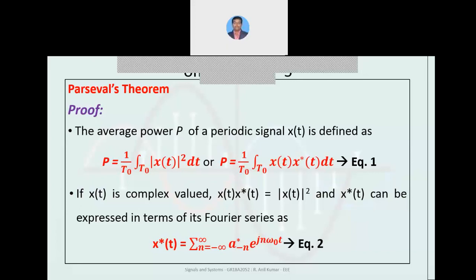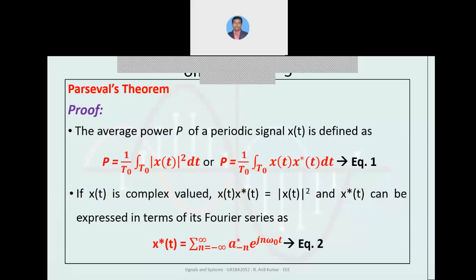According to the Fourier series, this x conjugate of t can be expressed as summation of a suffix minus n conjugate into e power j n omega naught t. This is according to the properties we discussed earlier for the Fourier series, and x of t is a complex value.